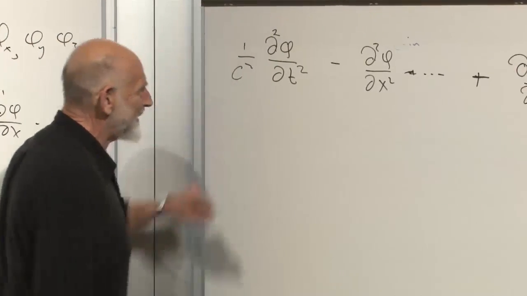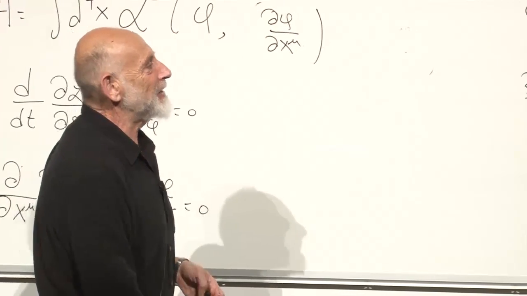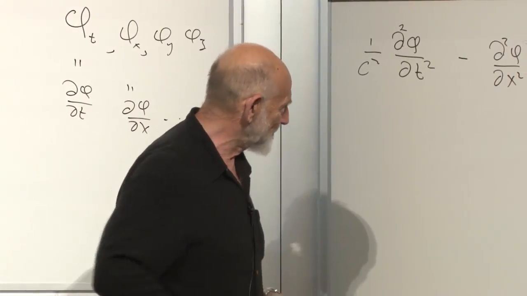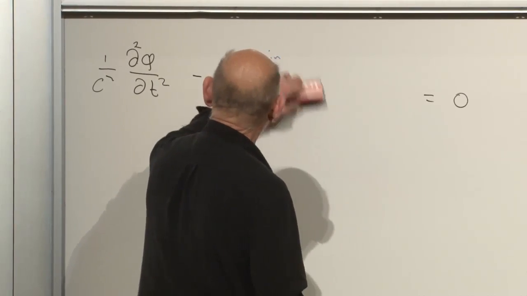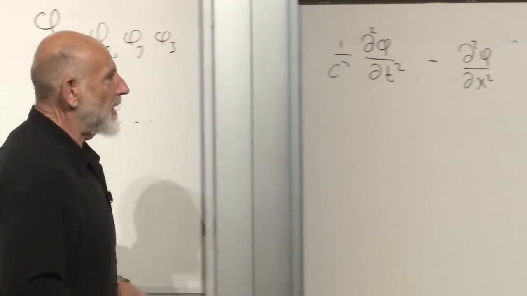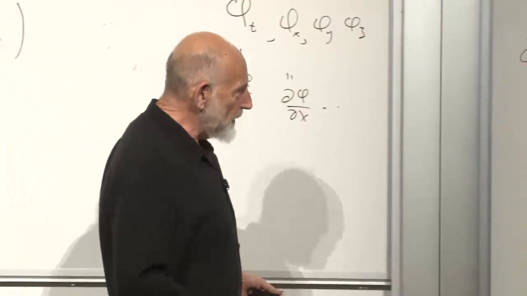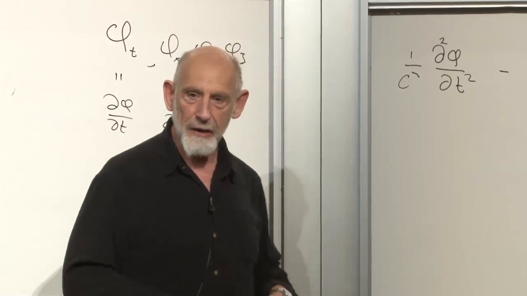All right. Let's start with a case where V is 0. Well, I think you've seen that kind of equation before. This is a wave equation. This is an equation for a wave moving along the x-axis.